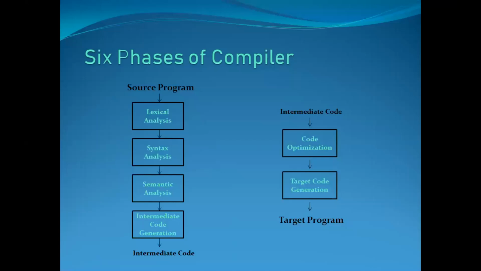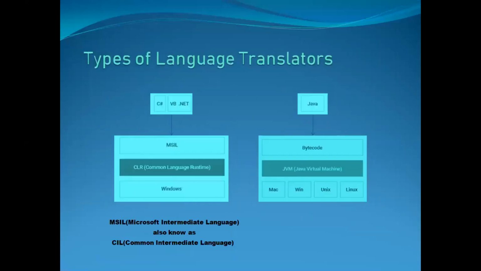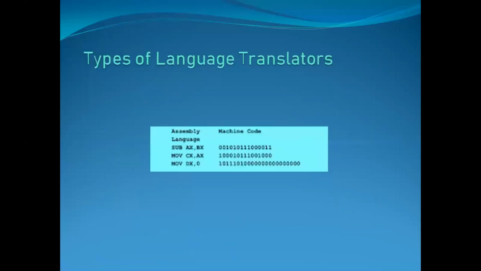So what is an intermediate code? Intermediate code is a code written in a high-level language, but it follows the properties of low-level language. So what's the property of low-level languages? For example, we have seen some instructions of assembly language.